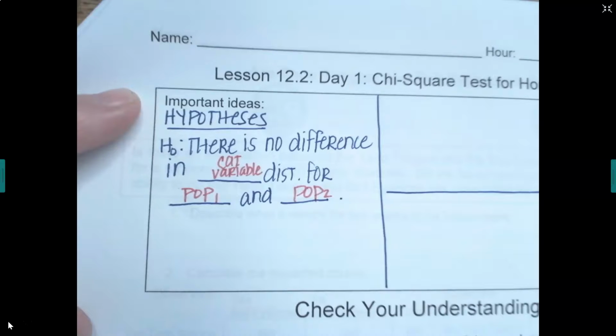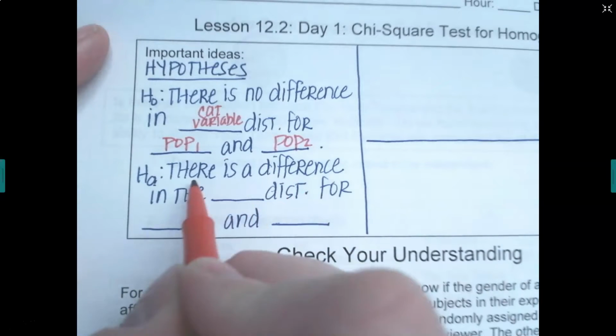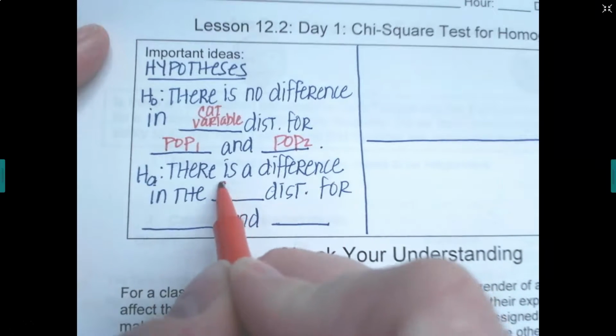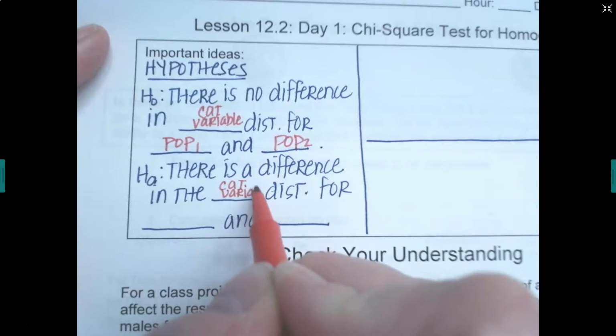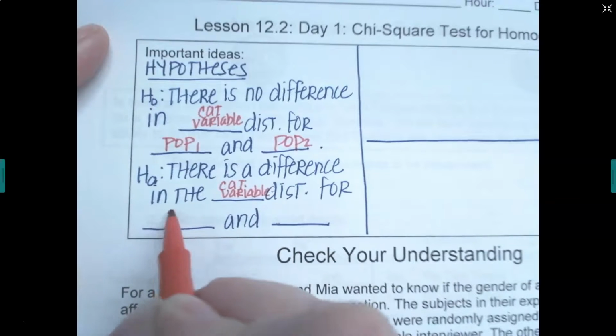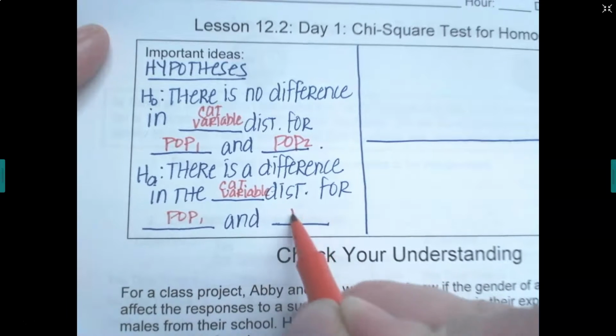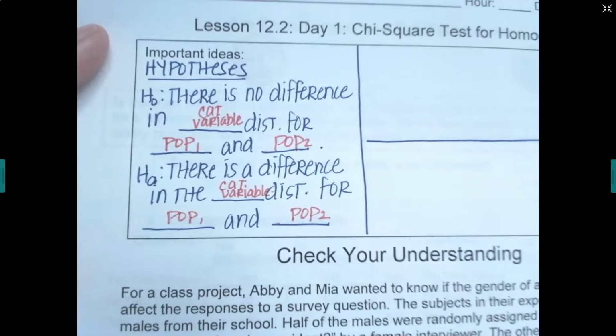And then for our alternative, we're going to go the opposite and say there is a difference. So just the opposite. There is a difference in the categorical variable distribution for population 1 and population 2. All right.